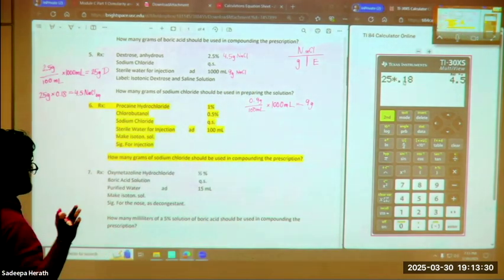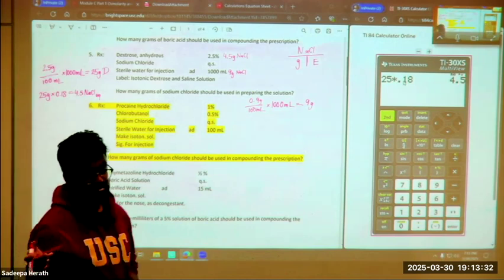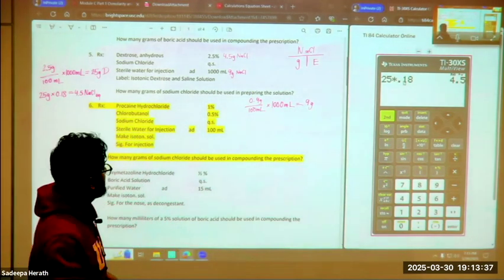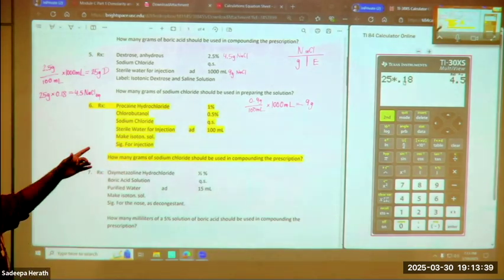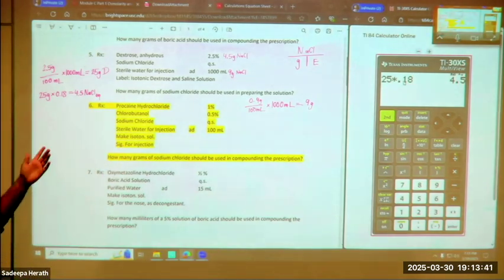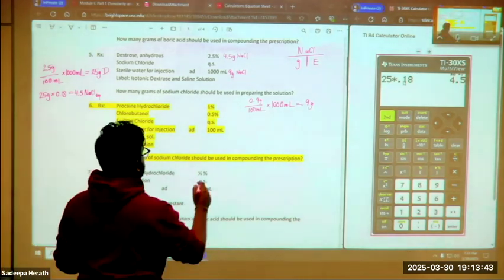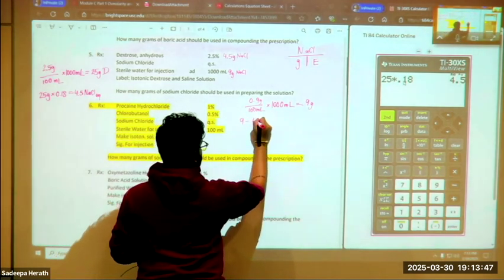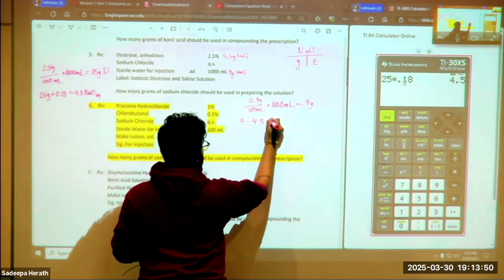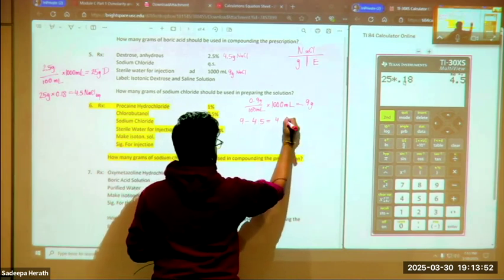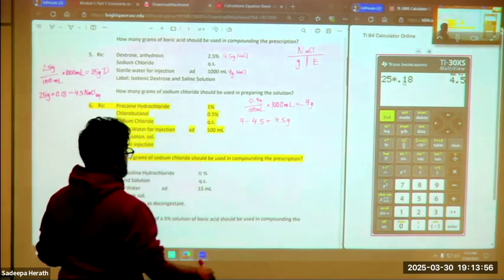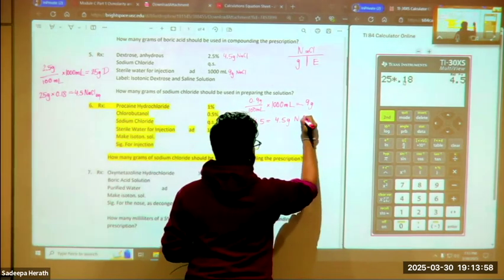So everything's NaCl except the amount of sodium chloride that we need to add to the solution, right? We can find that out now that everything equals NaCl. We just subtract 9 minus 4.5 equals 4.5 grams of NaCl.